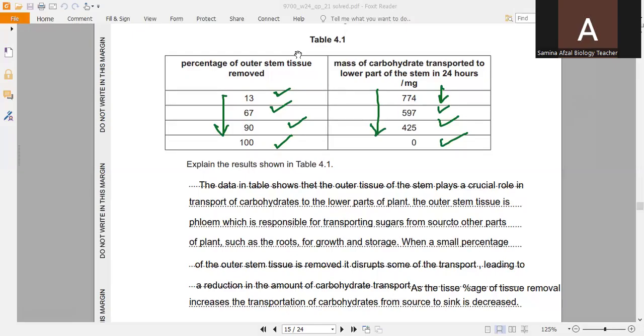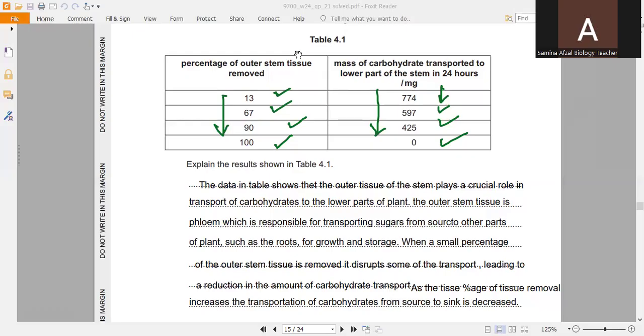So when a small percentage of the outer stem tissue was removed, it disrupts some of the transportation pathway. That is, some of the pathway transportation has been reduced. When the percentage of removal was increased, the transportation was decreased.